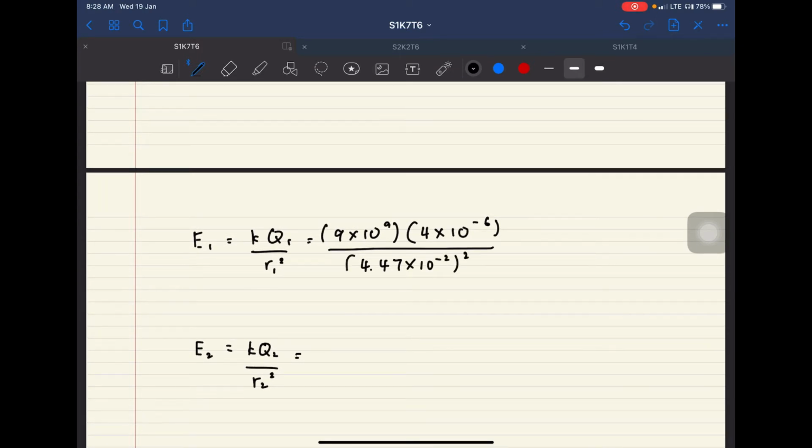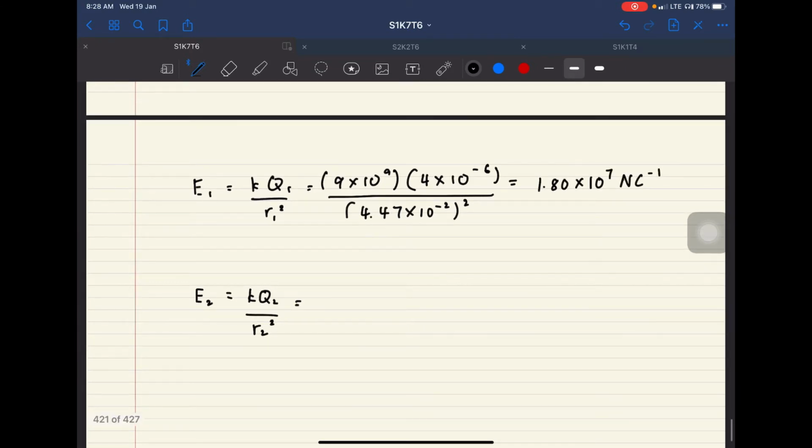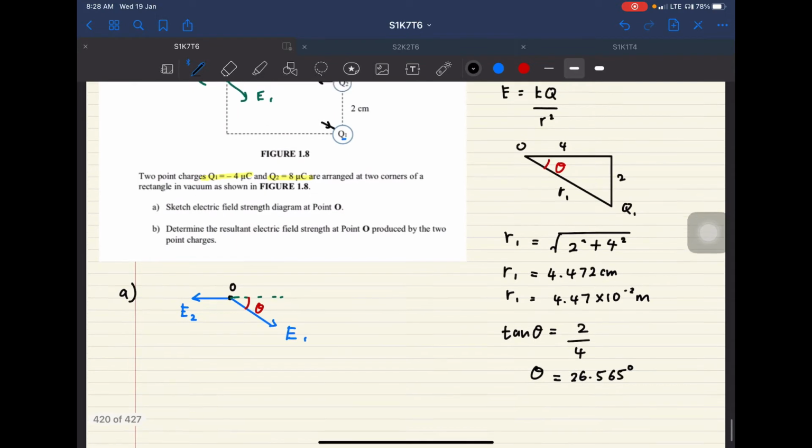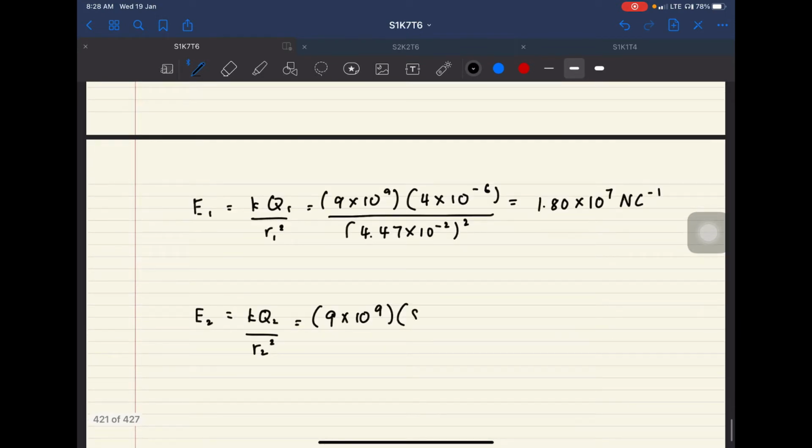Don't forget to take the square. And this one will be 1.80 times 10 to the power of 7 newton per coulomb. This one is 8 microcoulomb, and this would be 4 centimeter.